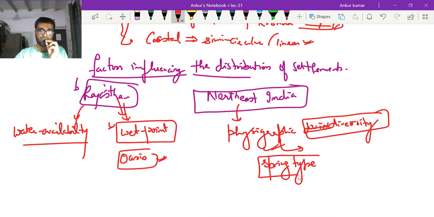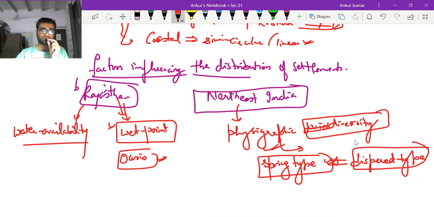For example, if you see in Meghalaya, a large number of springs are found. So people form semi-compact or dispersed settlements, and these spring types are nothing but dispersed type settlements. Okay, so this is how the water availability may influence the different types of settlement, or because of the water availability different types of settlements may evolve in different regions. So this is the first point.